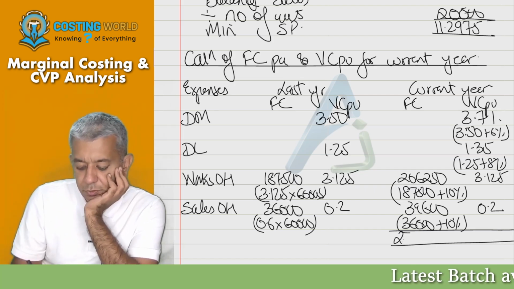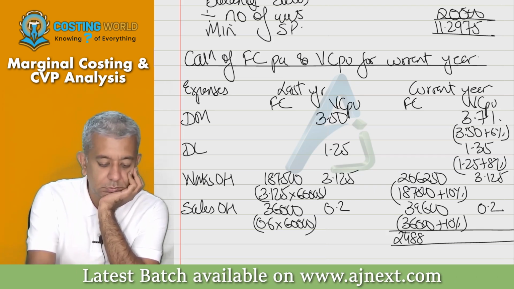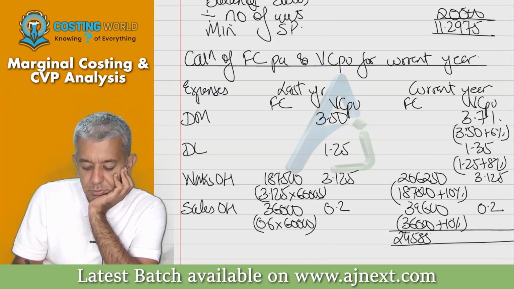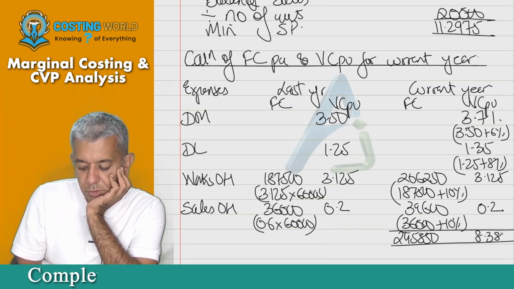What's the total beta? 245, 850. The other one? 8.385.